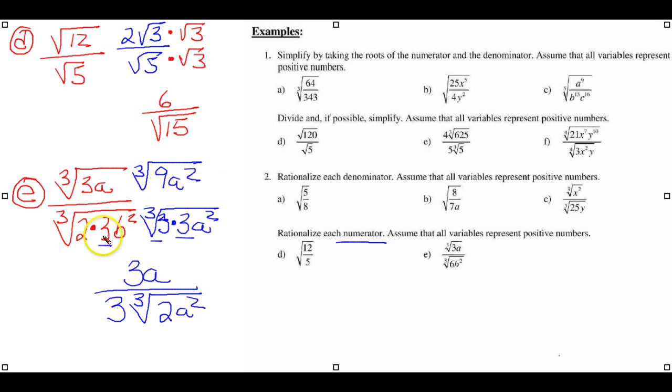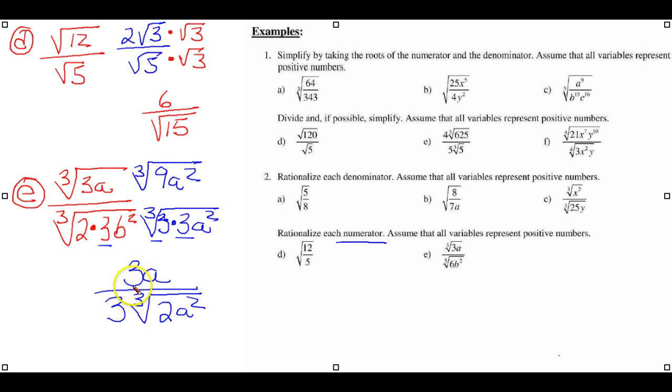Now, this was a 6. If we multiply 6 times 9, that's 54. If you take out a 2 out of 54, you get 27. So that's a perfect cube. That's the 3 that we've taken out here. So left under the radical, we have a 2, a squared.